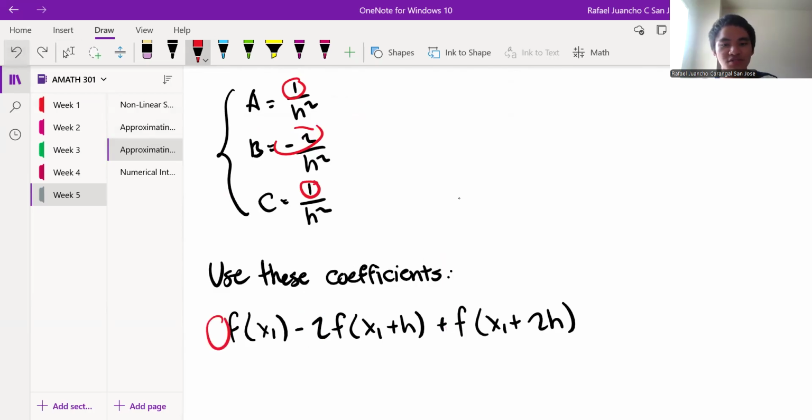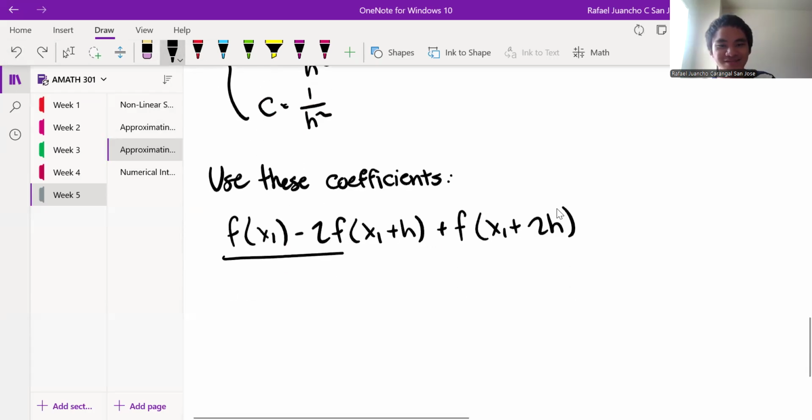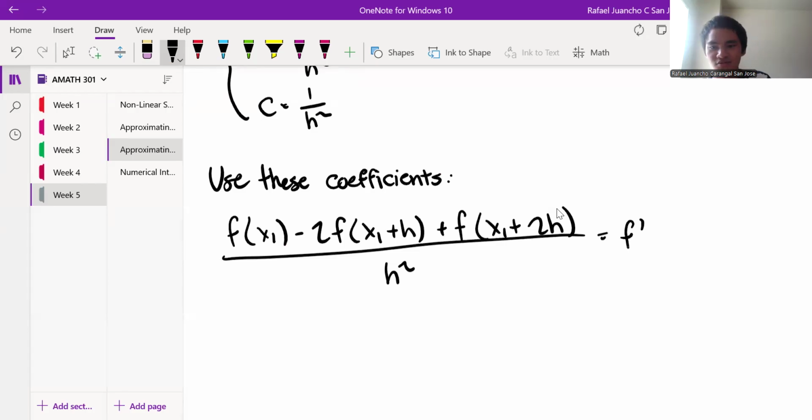Now you might be wondering, where's the h squared? Well, it's at the bottom. It's here. Okay? And then this is basically equal to my double derivative. And then this is my big O notation. And so here, surprisingly, we get an order 1 convergence.